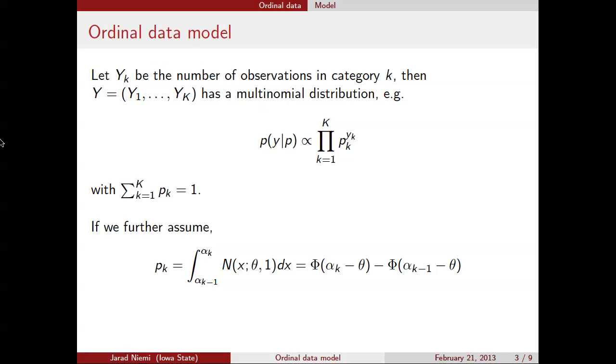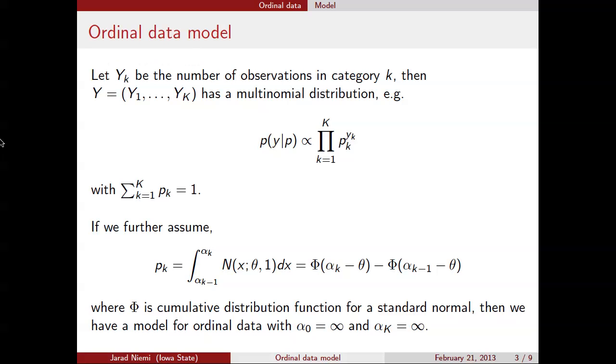So we might write this like this, where now capital Phi is just the standard normal cumulative distribution function. Further, we're going to define alpha_0 as being negative infinity and alpha_5 as being positive infinity.